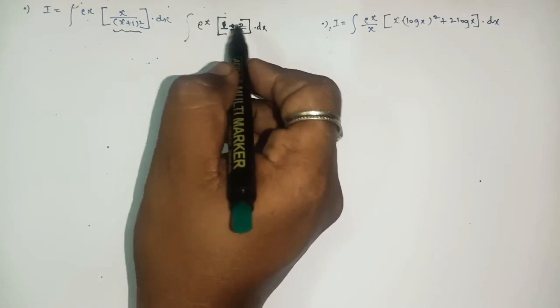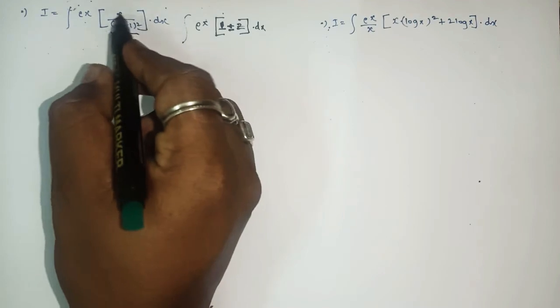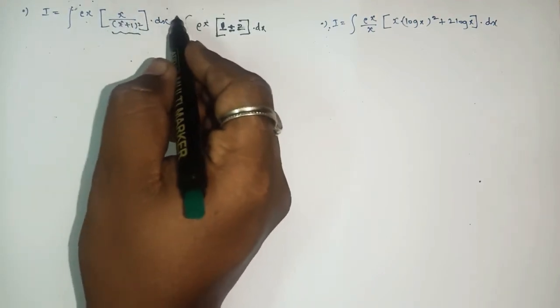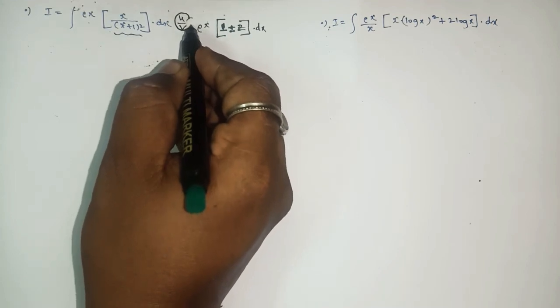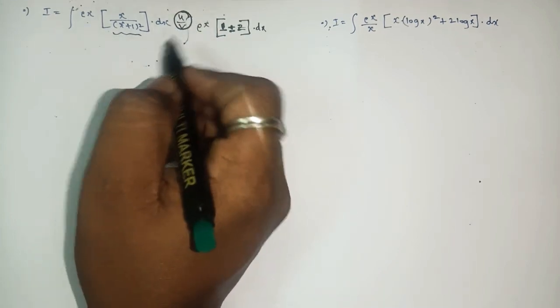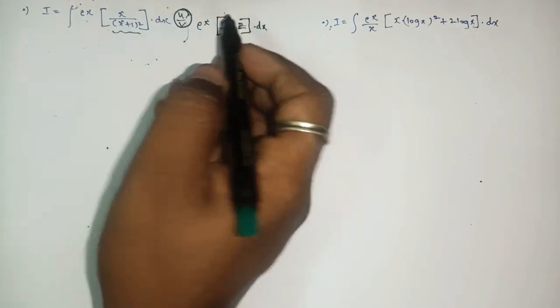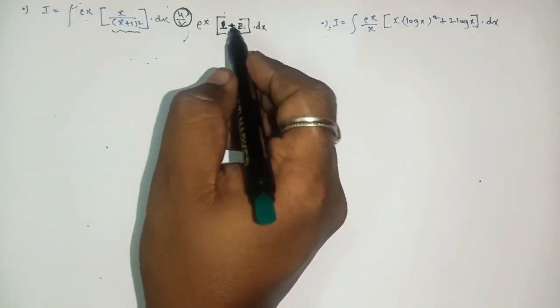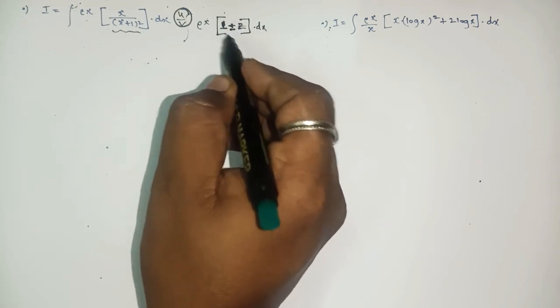Here we have only one term in the form of u by v, and in integration we don't have a u by v section. Now we have to break this u by v in such a way that we get two terms separated by plus or minus.